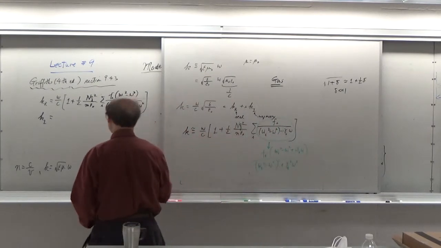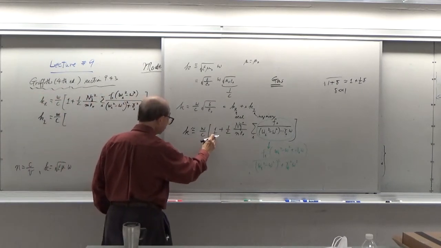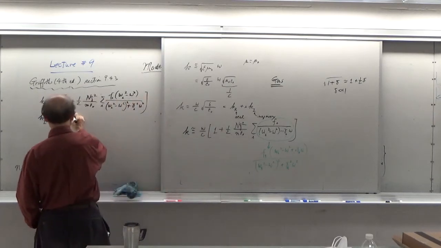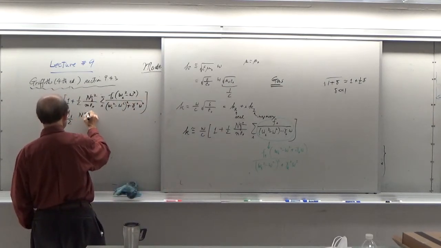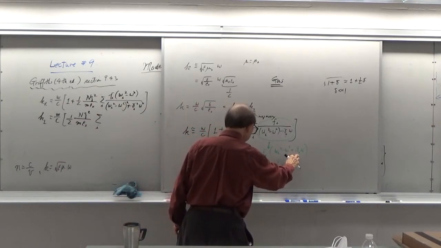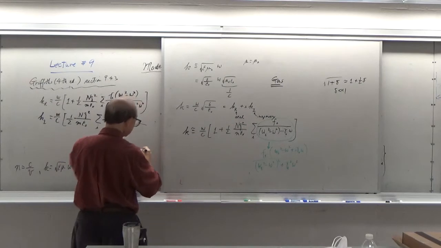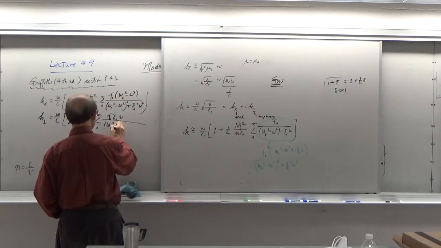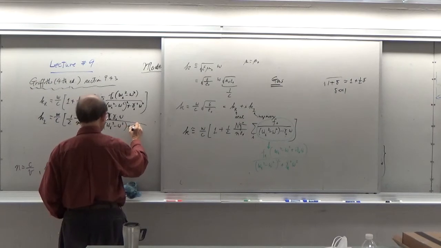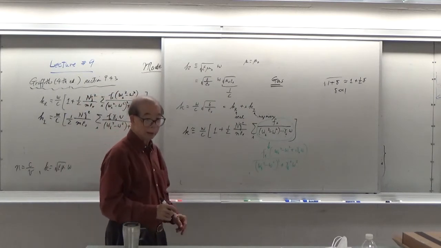So again, omega over c, no contribution from 1, so this 1/2 n q squared over m epsilon naught, sum over i of f i gamma i omega, divided by this denominator, omega i squared minus omega squared squared plus gamma i squared omega squared. That's it.